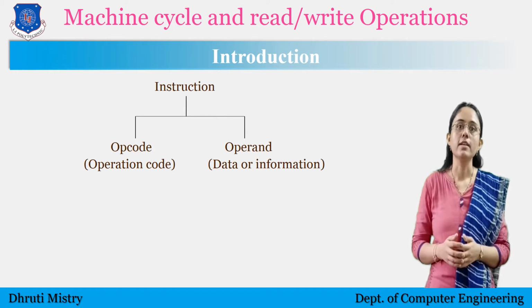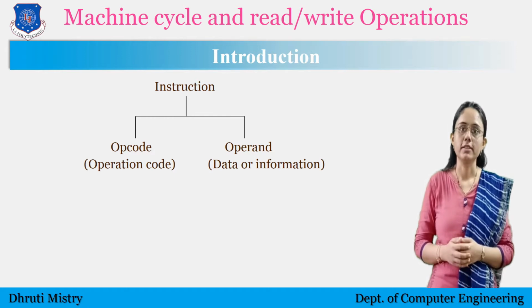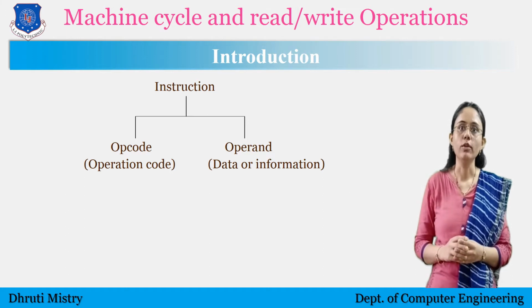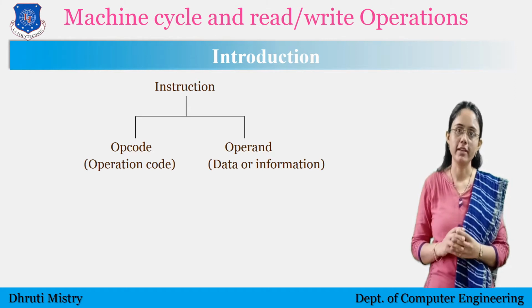The operand is the necessary information required for the instruction. The operand may be either data or an address or other information required for the instruction. So, if you know how an instruction works, then it is very easy to learn or understand all timing diagrams.